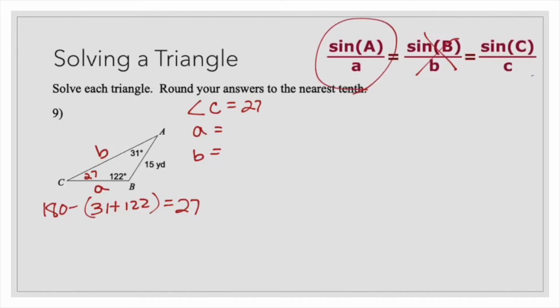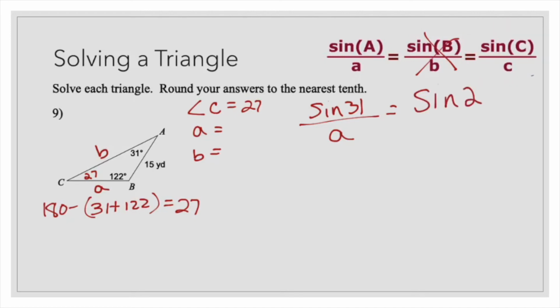So the sine A over A will be sine 31 over A. And I have to have a full ratio to do this. I can't have two variables. So I'm going to have to use the sine C over C, which will be sine 27 over the 15.